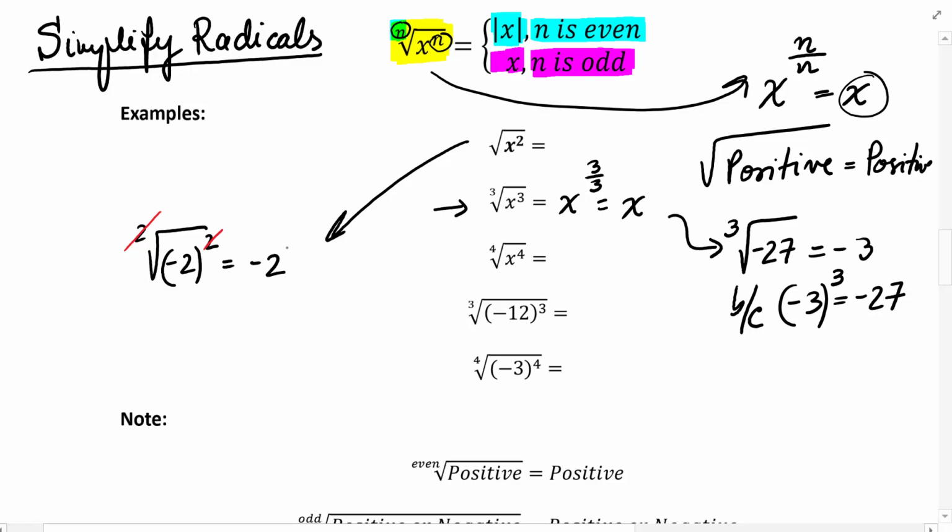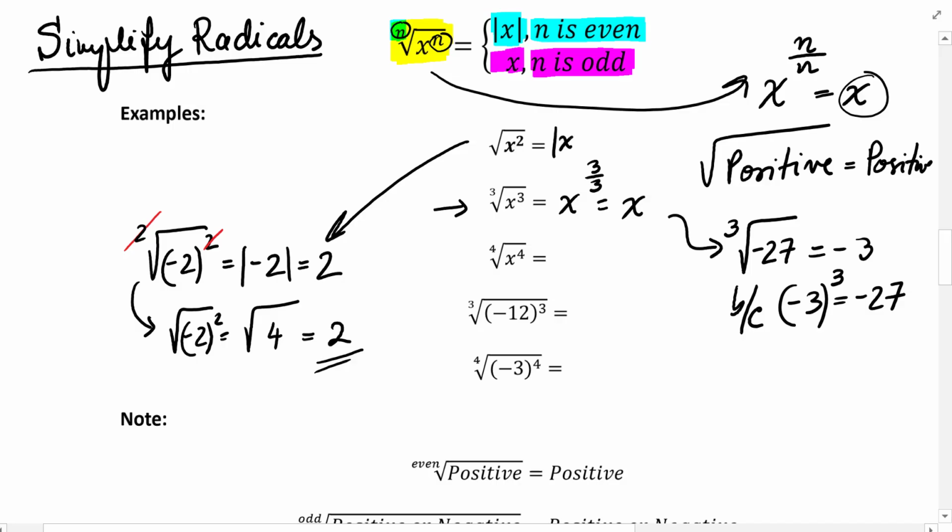So that's why we are going to put the absolute value of negative 2 to make sure we get a positive answer. And if you look at it in a different way, the square root of negative 2 to the second, well, we can do the computation. Negative 2 to the second is actually 4. The square root of 4 is 2. So we do get that. So that's why here, the square root of x squared, we're just going to say the absolute value of x.